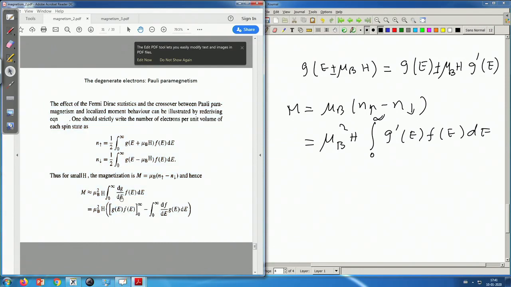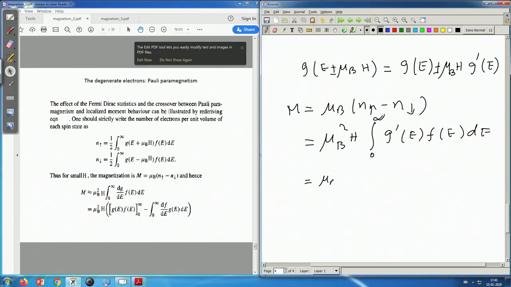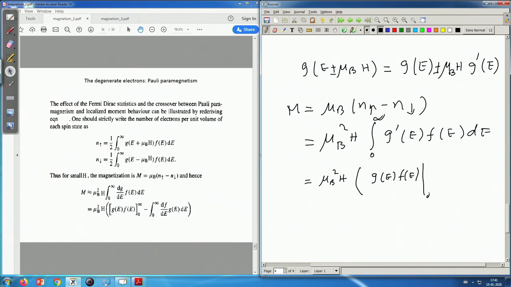You can see that this is equal to mu b square h into G(E) F(E) evaluated at 0 and at infinity, minus the integral of df/dE G(E) dE, right.